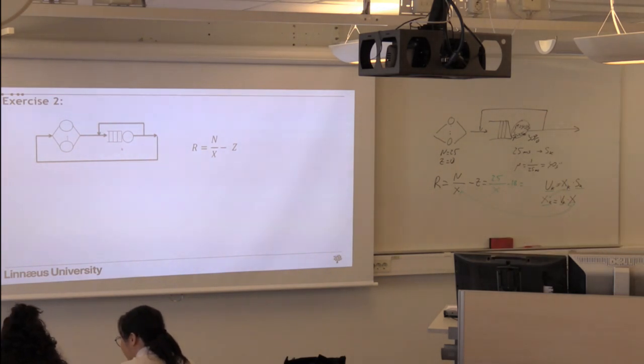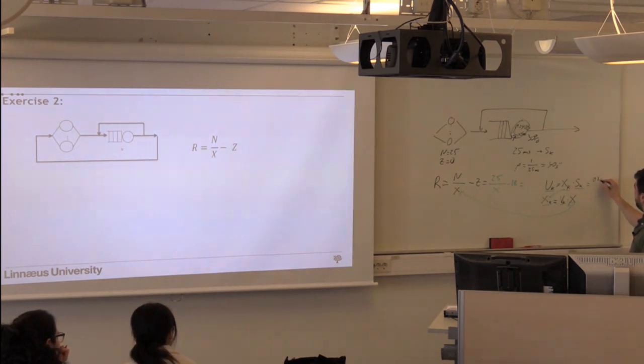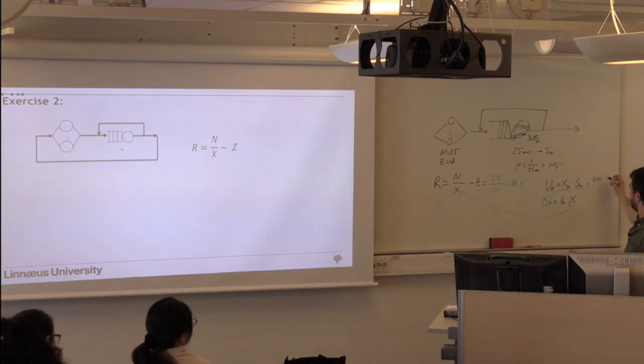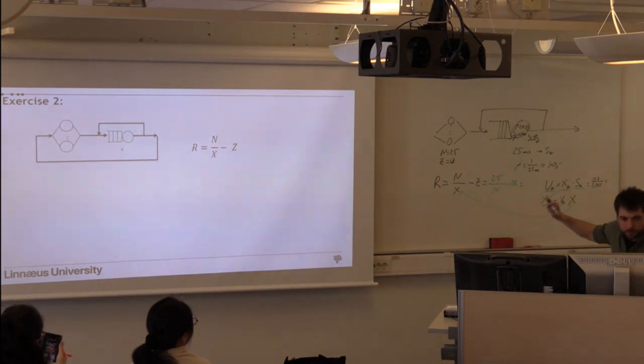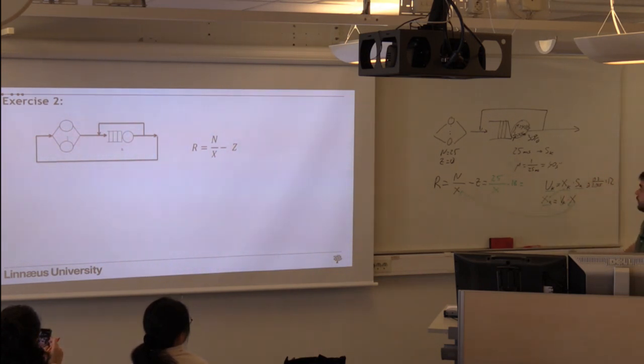Okay? So 0.3 is equal to the throughput times the service time, 25 milliseconds. So 0.3 divided by 0.025. This is 12, maybe? Yeah, 12. So the throughput of this service center is 12.